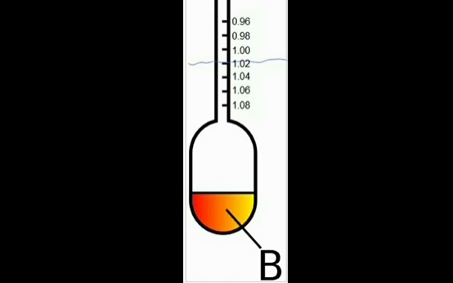Now, suppose the hydrometer is dipped in a liquid of density greater than that of water. Will the liquid surface be above or below the marking of 1? It is below the marking of 1. In which will the hydrometer sink deeper? In liquids of greater density or those with a lower density?